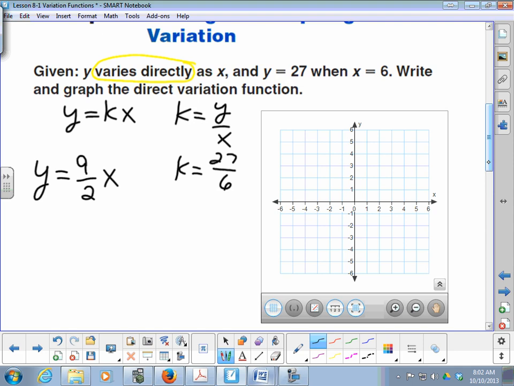And how do you remember how to graph linear functions? What's the first thing I graph when I have a linear function? The y-intercept. Okay? So we graph the y-intercept first, and the y-intercept on a direct variation function is always going to be the origin.